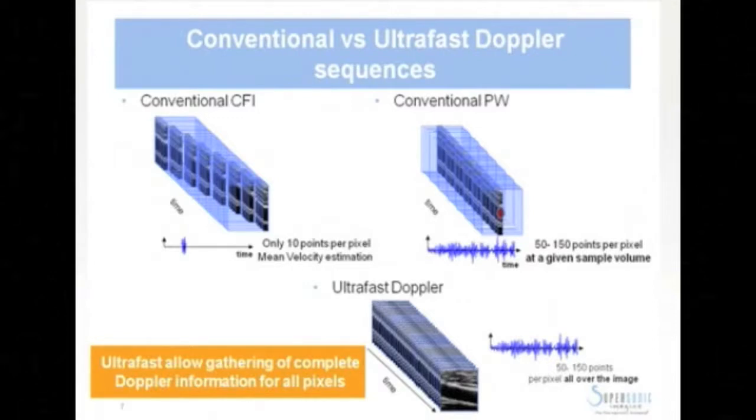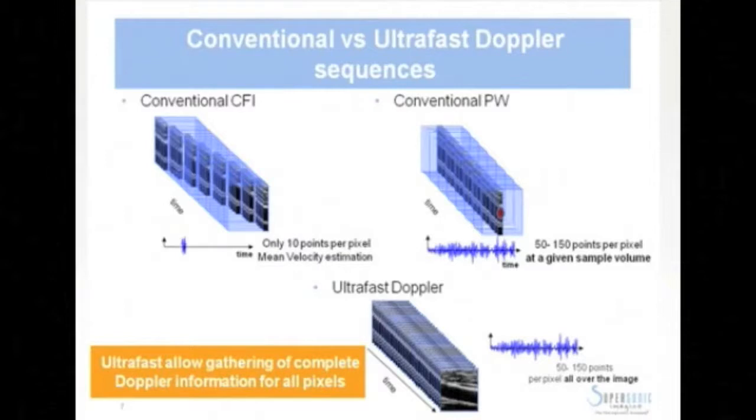On the other side, in the conventional pulsed wave Doppler mode, you shoot for a long time along a specific given location. This gives you access to a much longer signal with much more information inside, and this is why you can compute full spectral analysis and have a more in-depth quantification of your flow.